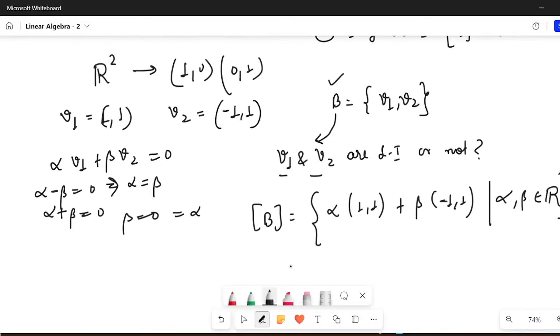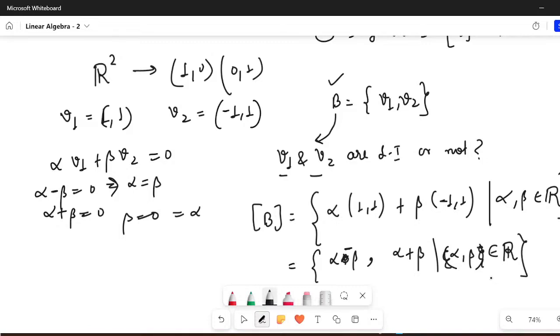From here it's quite clear, I'm going to get alpha minus beta comma alpha plus beta, where alpha and beta both belong to R. Let us write it as delta and gamma.